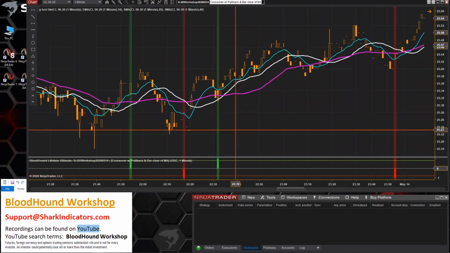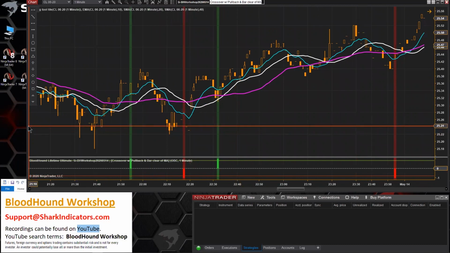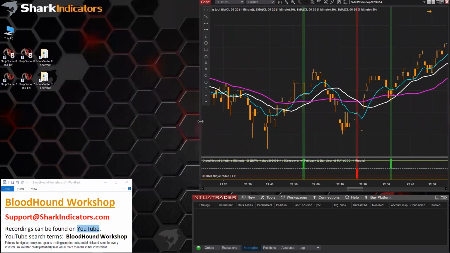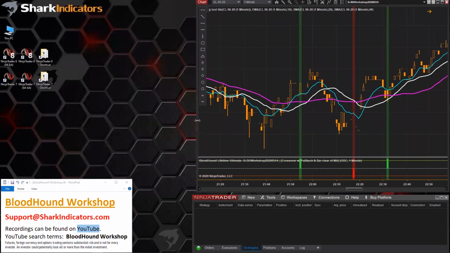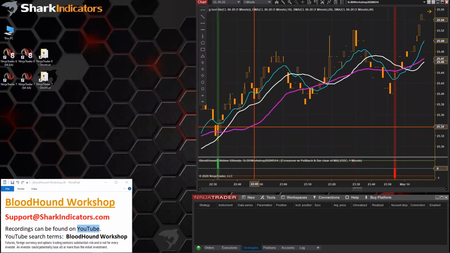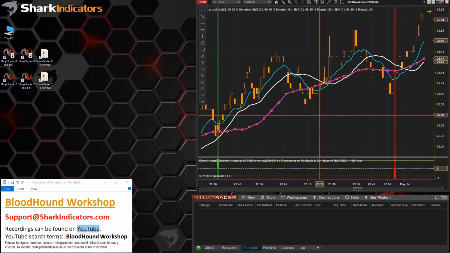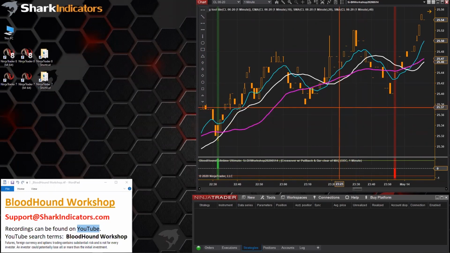Tightening up step number 2, making sure that bar was a proper touch bar of our slow moving average, seemed to really clean things up a lot. So yeah, sometimes you can't always take shortcuts.